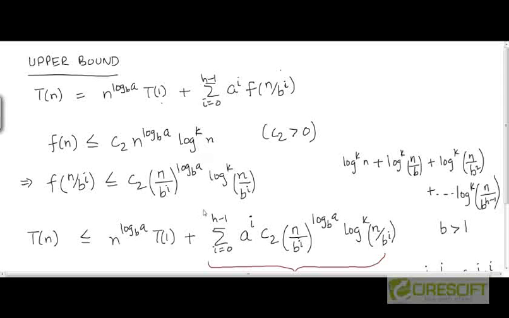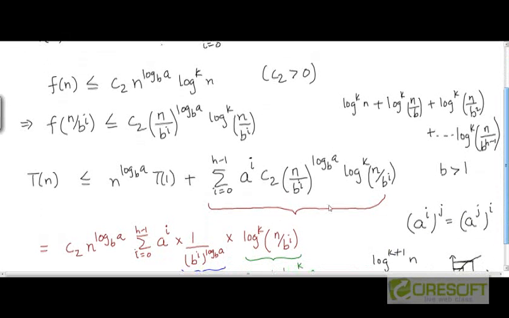And then we take the upper bound on f of n by b to the power I and replace f of n by b to the power I by its upper bound. And as a result, this whole expression becomes an upper bound on t of n.